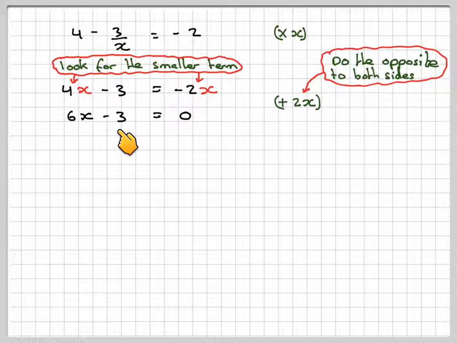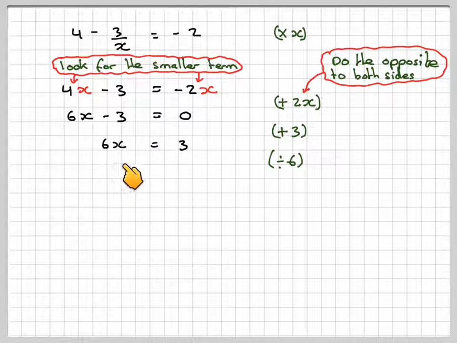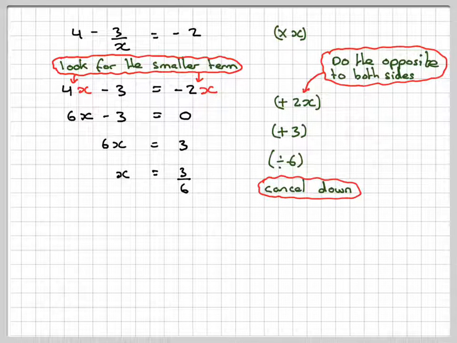We've now got minus 3, so we add 3 to both sides, so we now get 6x is equal to 0 plus 3, which is 3. Now we will divide by 6 on both sides, we're going to get that x is equal to 3 over 6, and then we need to cancel down. So we cancel down 3 over 6, we're going to get 1/2. x is equal to 1/2.